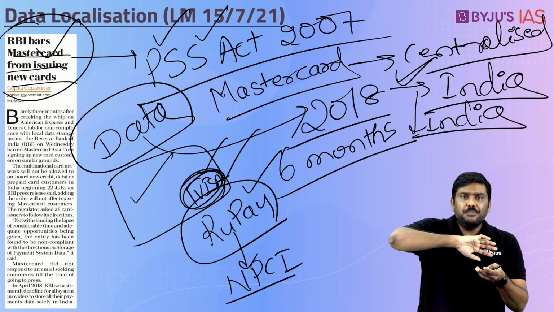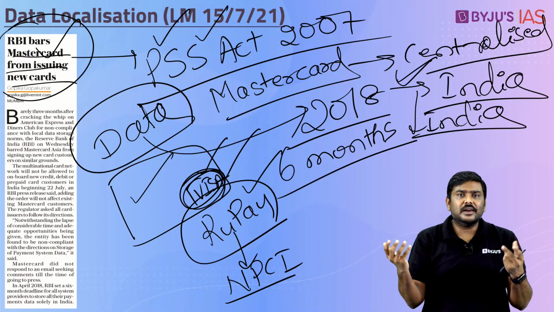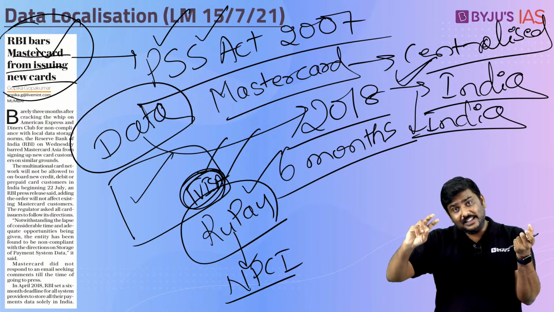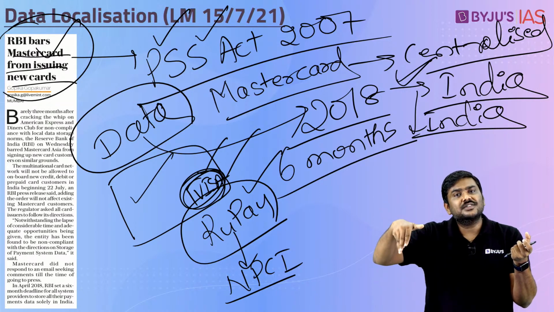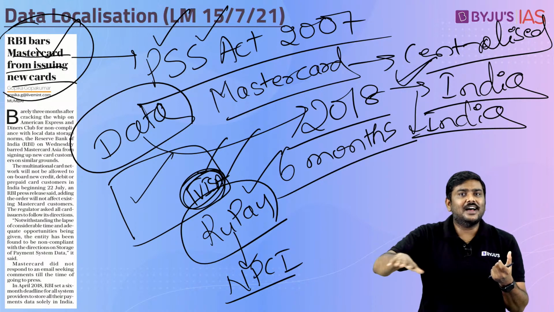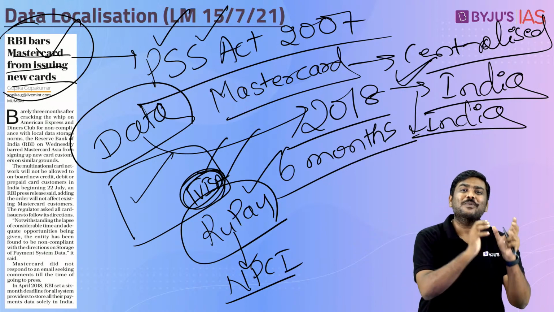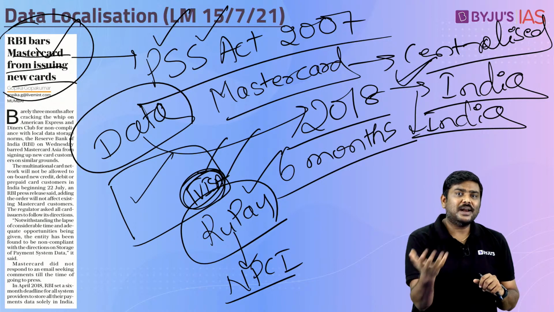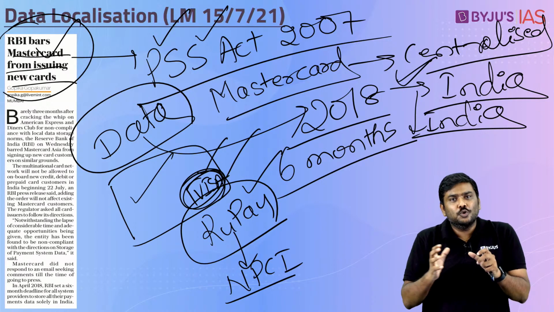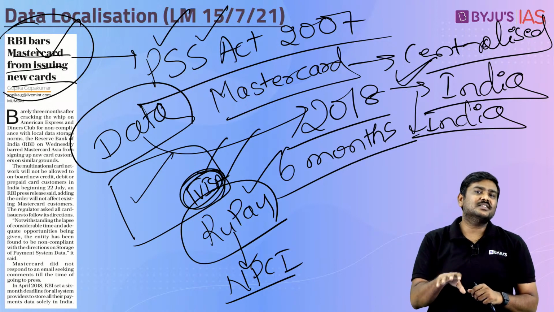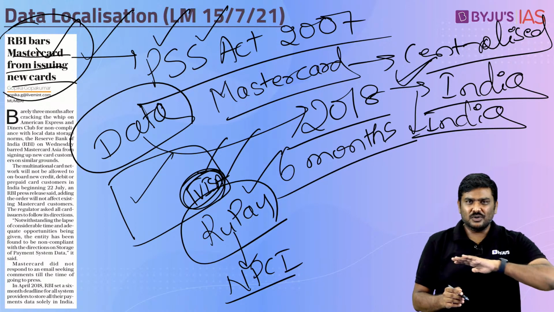So if you push out Mastercard, who else is left out in the market? RuPay as well as Visa. Now what is the guarantee that in the future the same kind of restrictions are not imposed on Visa also? If the same restrictions are imposed on Visa, then only RuPay is left out. So the policy can be used as a discriminatory practice by governments across the globe to push domestic companies like this.